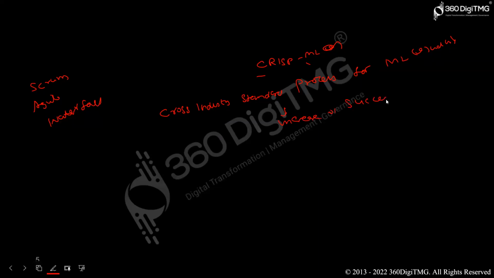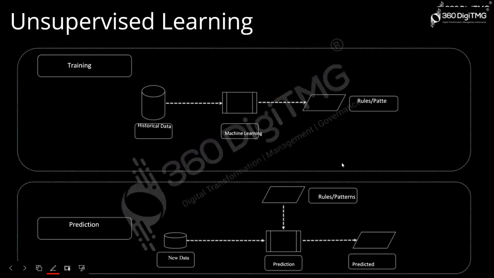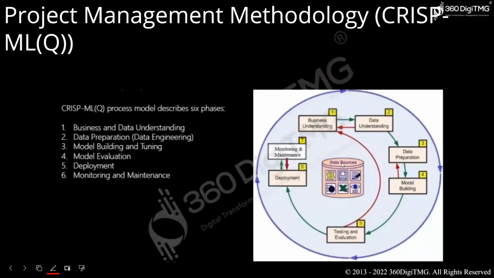The 6 stages are business and data understanding, data preprocessing, model building, model evaluation, deployment, and monitoring and maintenance.